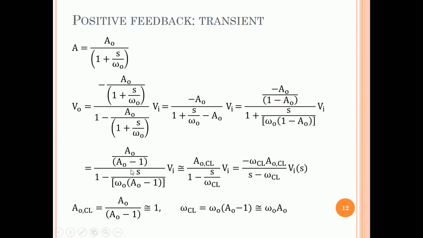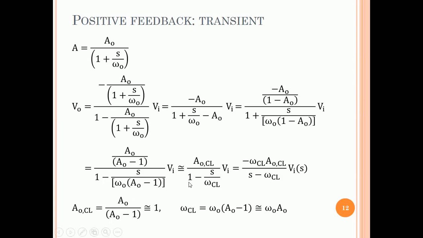A0 is of course much greater than 1, so this number is positive and this number is also positive, and there is a negative sign outside. We define A0 CL, which is A0 by A0 minus 1, and omega CL, which is omega 0 times A0 minus 1.